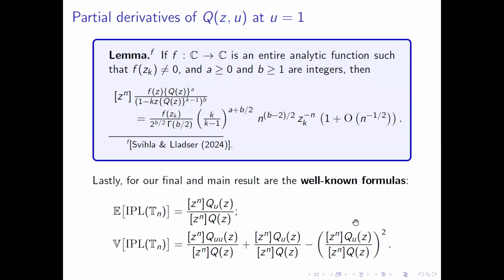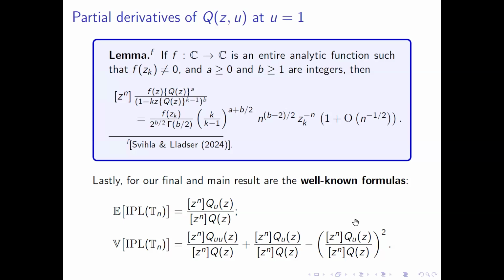Using the singular expansion of Q that we had before and a good deal of algebra, we can finally work it down to get an asymptotic estimate for the counting sequences of this common function, and so in turn the partial derivatives.